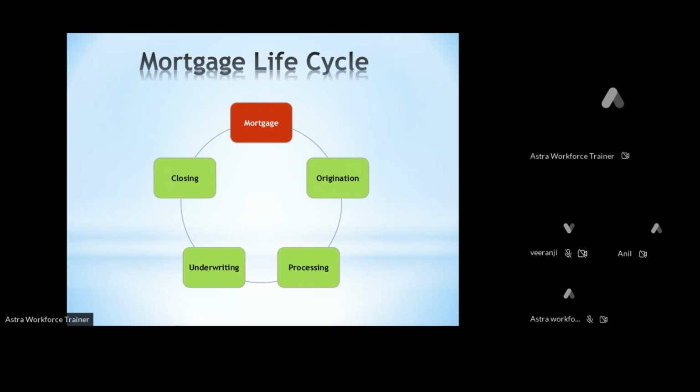The loan estimate is the cost of the loan, the closing costs: the processing fee, underwriting fee, application fee, any title fees, or whatever is related to processing the file. That cost is called the closing cost.